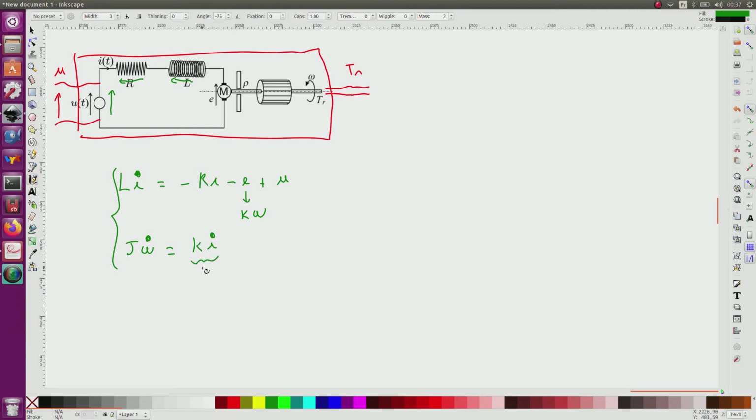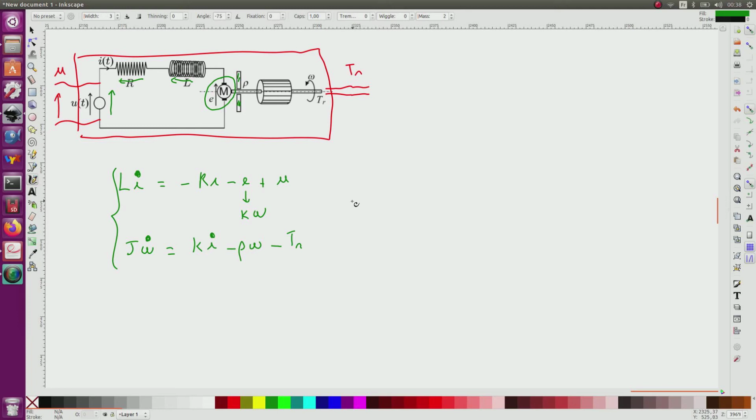It is a torque generated by this pure ideal electric motor. Minus rho omega, the friction represented by this element, which is proportional to the rotational speed, and minus TR, the use.